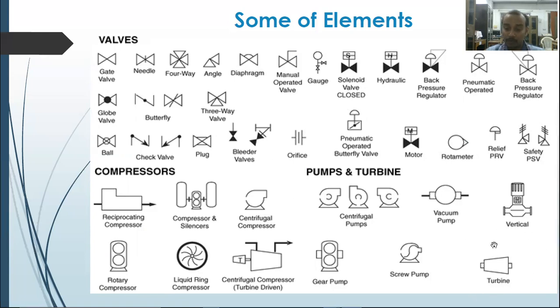If we are talking about a turbine, centrifugal pumps, or a rotary compressor, all the representations will be different from each other. So if I put one of the symbolic representations into my P&I diagram, it can easily be identified that this is the representation of the orifice, nothing else.